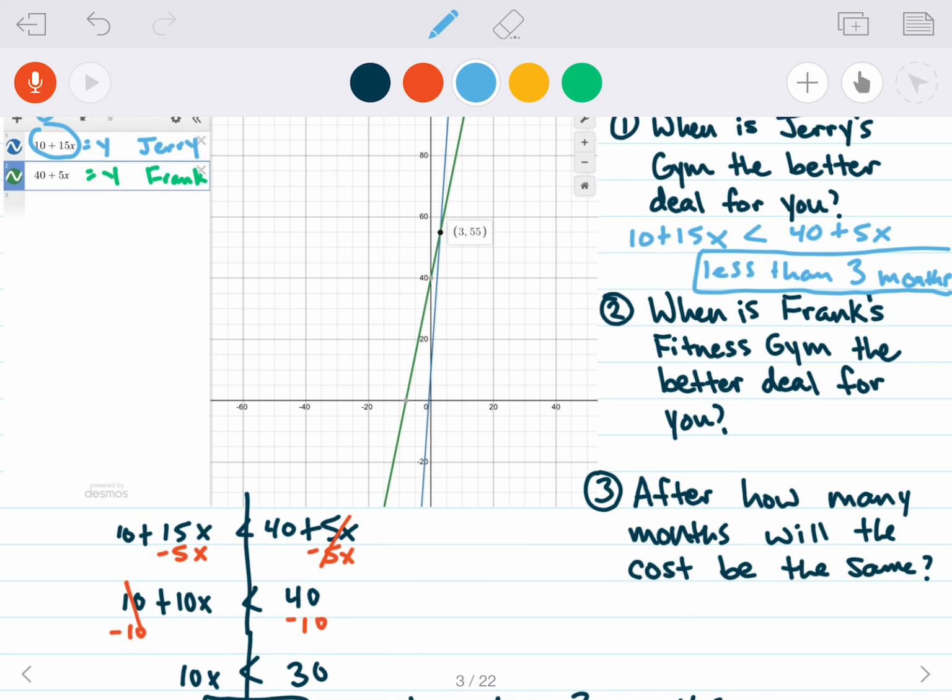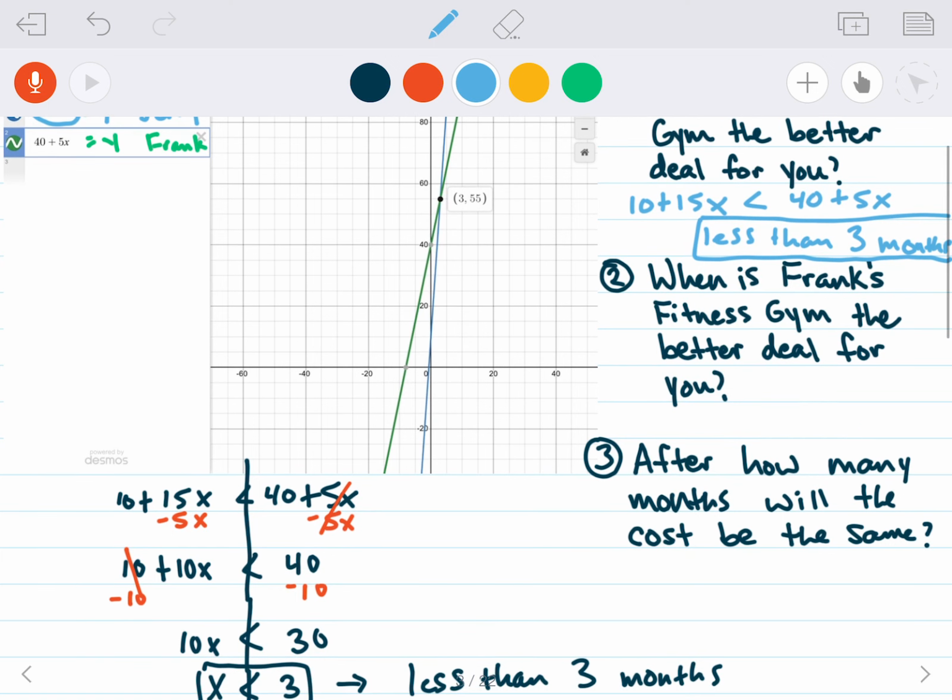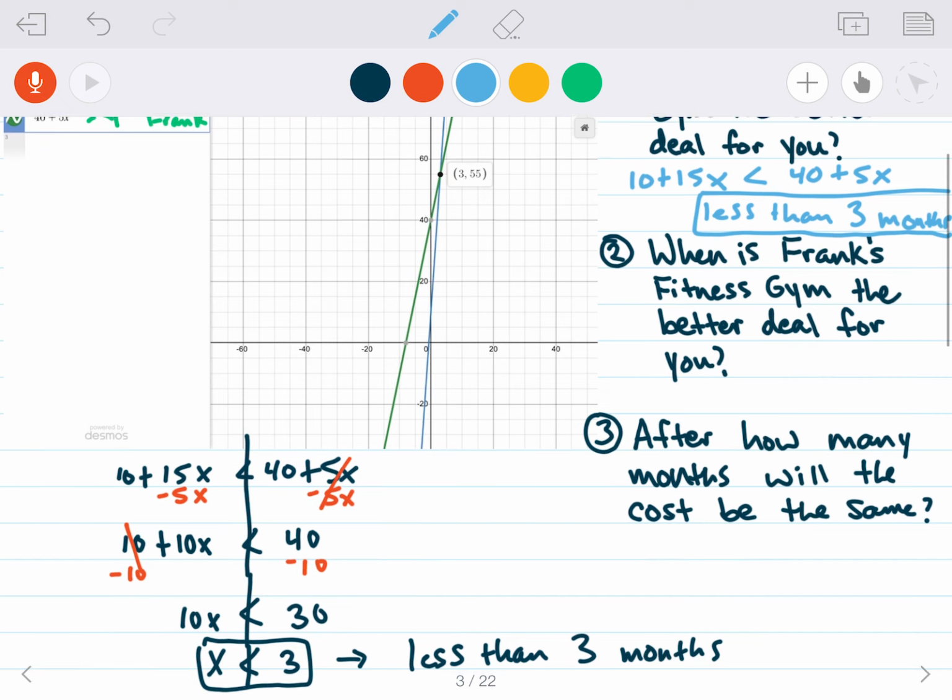Now, when is Frank's gym the better deal for you? Well, this is a very similar situation. The only thing we're going to do is set up the inequality, basically an equation, but with a less than or greater than sign.